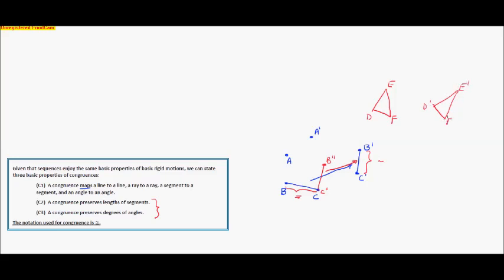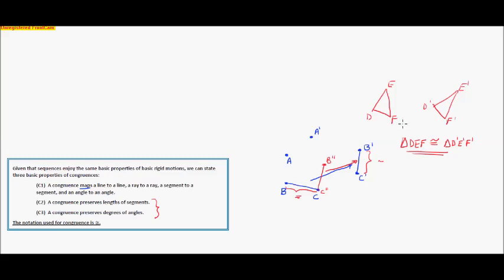Well, if I tell you in this little notation here, triangle DEF is congruent, see the symbol here for congruent, I've got that underlined down here, is congruent to triangle D prime, E prime, F prime. By saying this, that means that the lengths of these segments are the same.